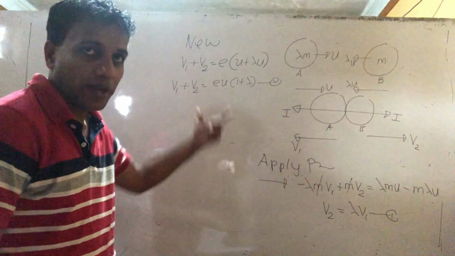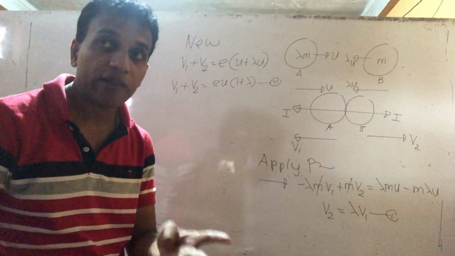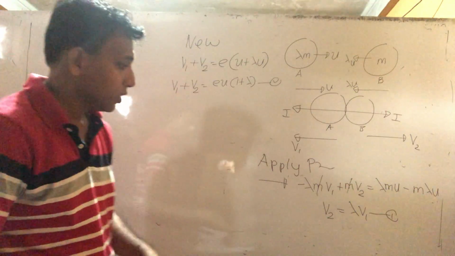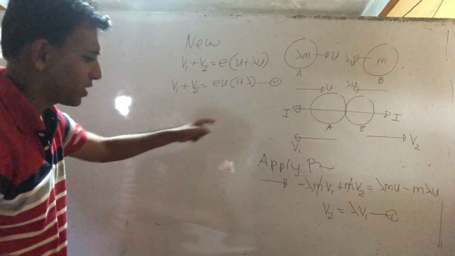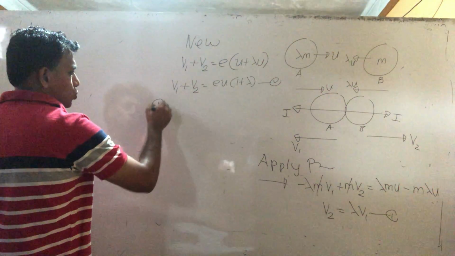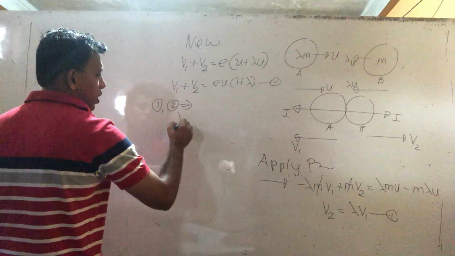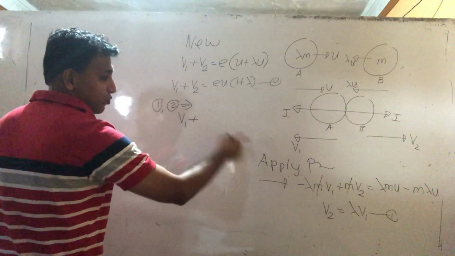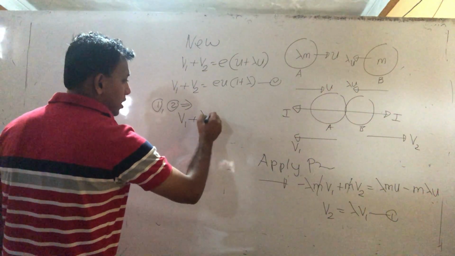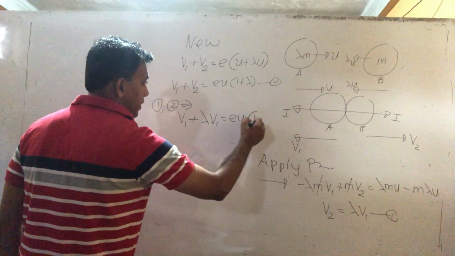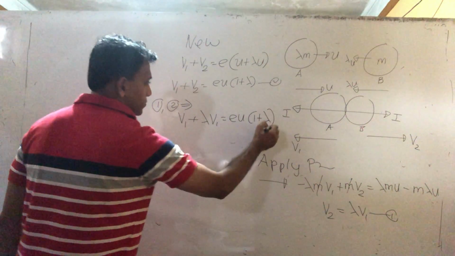Now solve. The question is to find V1 and V2 after collision, their speeds. You can substitute or subtract, whatever solving method. Equation 2 with 1 gives: V1 plus lambda V1 equals e u into (1 plus lambda).